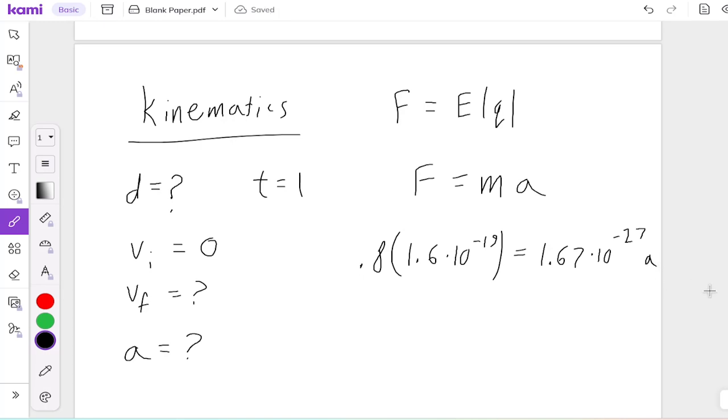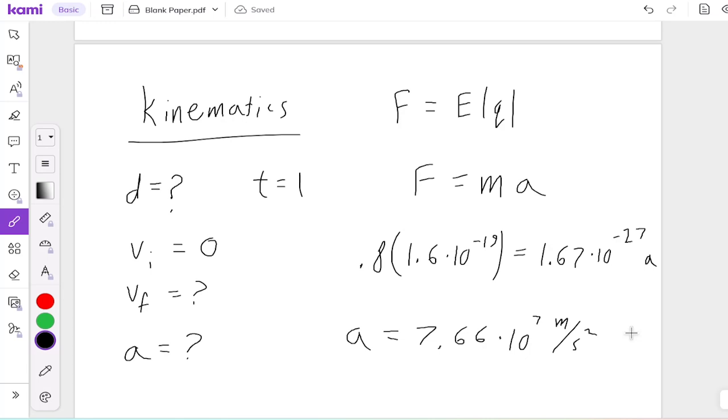And then times A acceleration. So just divide by that monster of a 1.67 times 10 to the negative 27th, and we'll get an acceleration of 7.66 times 10 to the 7th meters per second squared, but that's not a big deal. In other words, this is a massive acceleration. We're fine, we're going to keep it, but that's a massive acceleration.